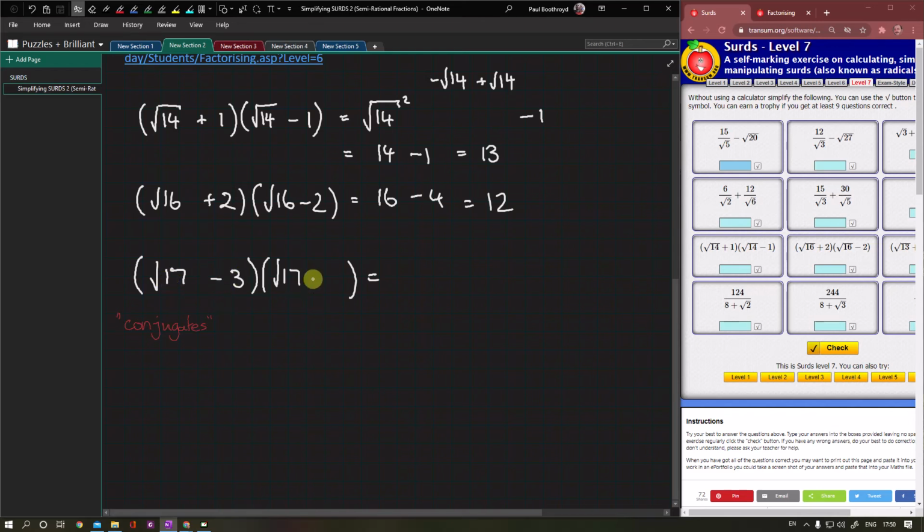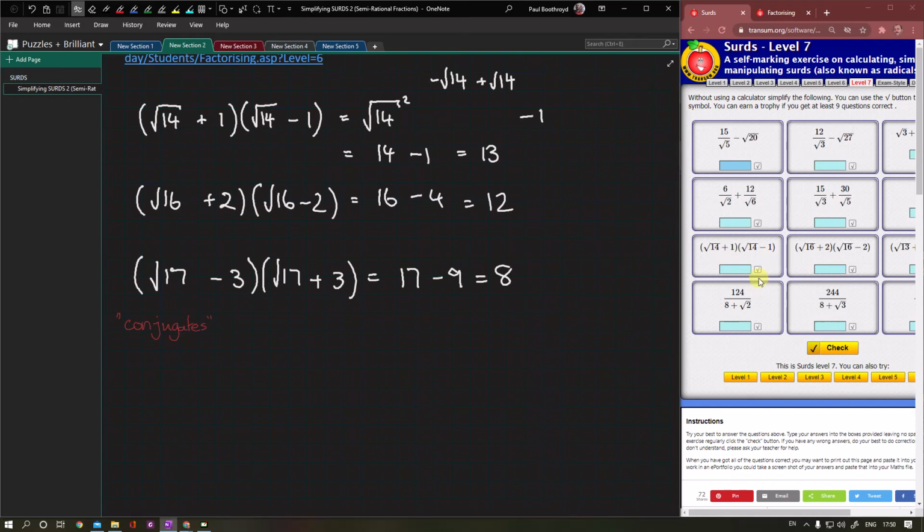We need the second bracket to have the same factor, so we get a minus 3 and a plus 3. And then we're going to get a number at the end. So 17 minus 9 gives me an answer 8. So I now have a nice little pattern to use for expanding brackets.